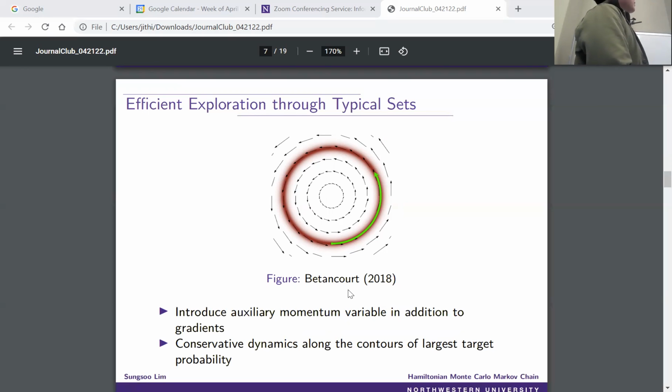So for example, along these contours, we have to have conservative dynamics so that the parameters are conserved.